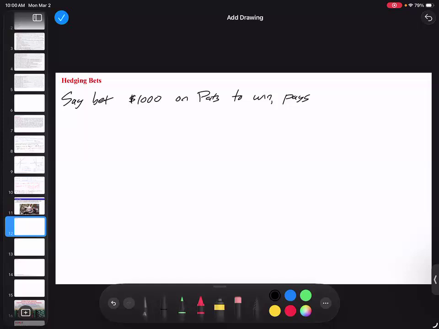It pays, say, 5,000 if they win, and you get nothing if you lose. Okay. You could bet on the Pats to lose as a second bet.